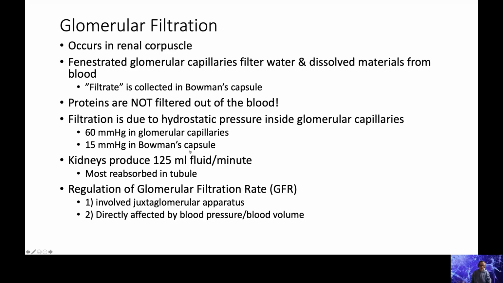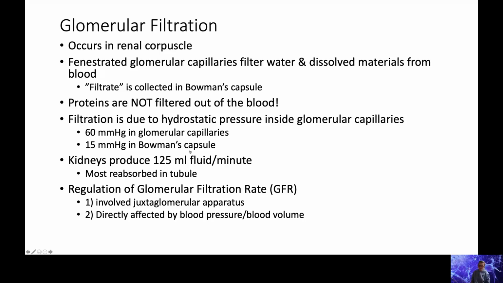Most of the fluid that gets moved into the tubule will be reabsorbed. And we're going to talk about what's happening in the rest of the nephron as we go through the steps in urine formation.